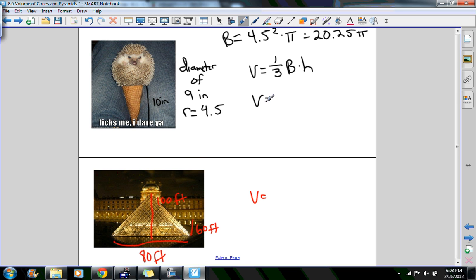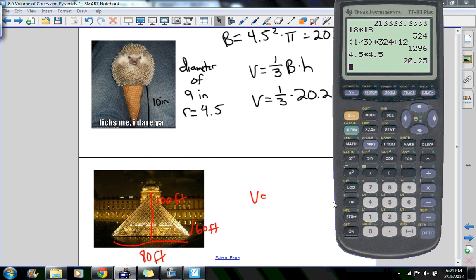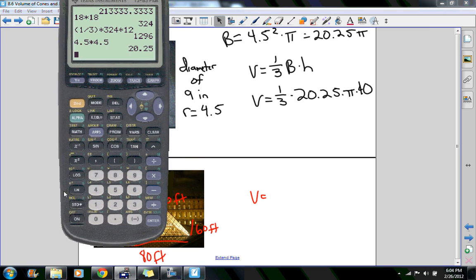So that means our volume is going to be 1/3 times 20.25 times pi, times our height, which is 10, sorry. Now, a nice little trick to do these is you don't have to do the 1/3 at the beginning.